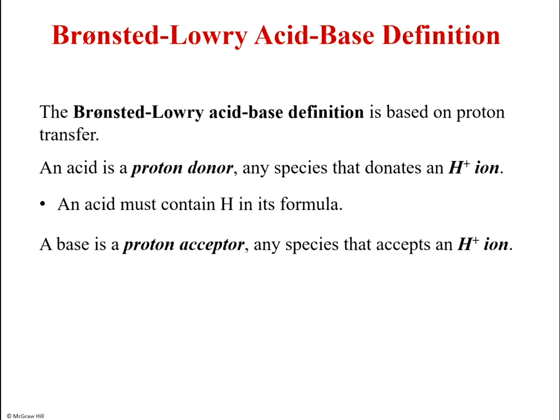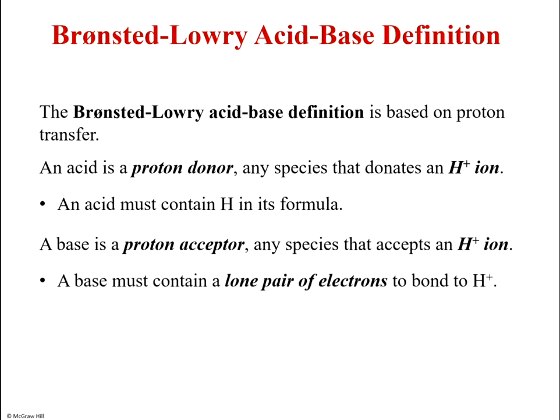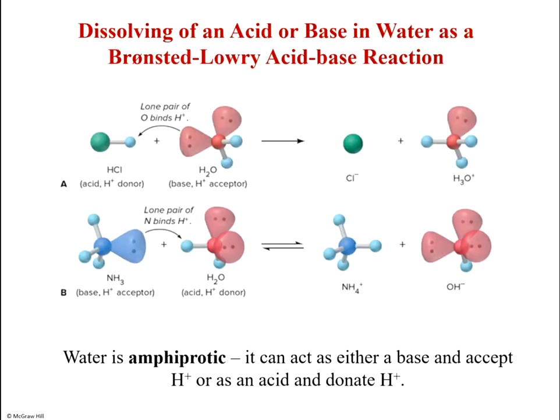And then a base is a proton acceptor, any species that accepts a hydrogen ion. A base has to contain a lone pair of electrons that will bond to the proton. And an acid-base reaction is a proton transfer process. So we can see that the Arrhenius acid is the same as the Bronsted-Lowry acid, but the Arrhenius base is only a small subset of all possible Bronsted-Lowry bases.